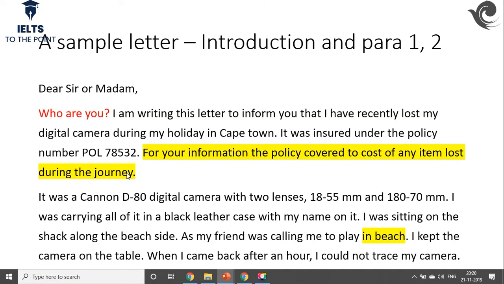Again, "to cost" is bad grammar, first of all. Second, this particular sentence doesn't make any sense. You are writing to an insurance company that I already have insurance, and then you are telling them that the policy should cover the cost of the items lost. I mean, they already know that. That's why they are in the insurance business, right?